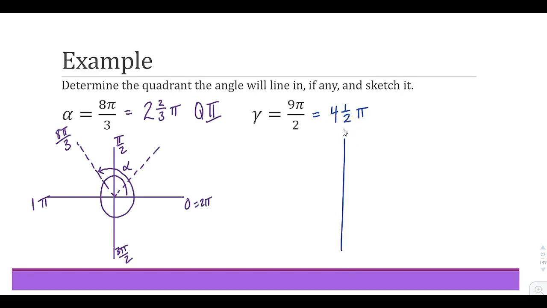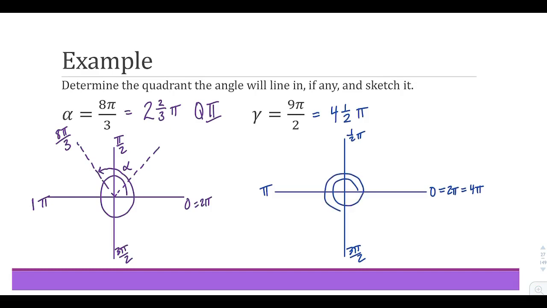So here, if I go ahead and construct my angle, I have 0, a half a pi, pi, 3 pi/2, and then let's recognize this is the same as 2 pi, it's also the same as 4 pi. So to sketch my angle, I'm going around 2 pi, then another 2 pi, so that was 4 pi, and then I'm going a half a pi.